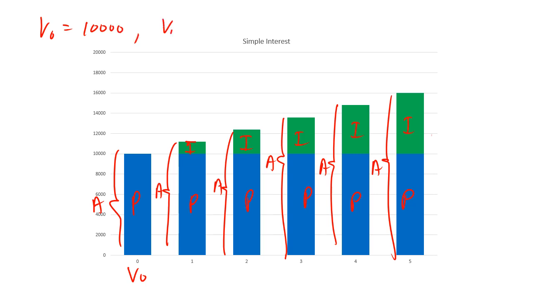And then we said Vn plus 1 equals Vn plus D, and we just told you it was Vn plus 1200. We're going to look at calculating D, this 1200. Where did that come from? And then we had the other formula, which was that Vn equals V naught plus ND.